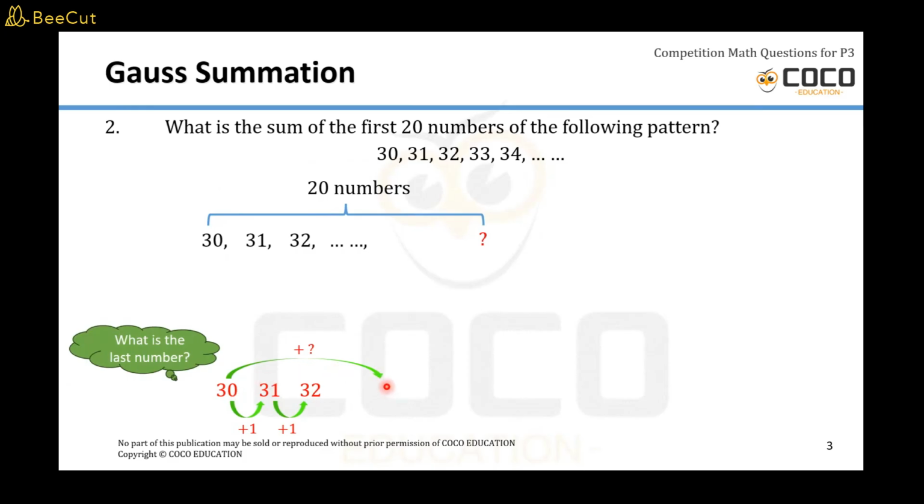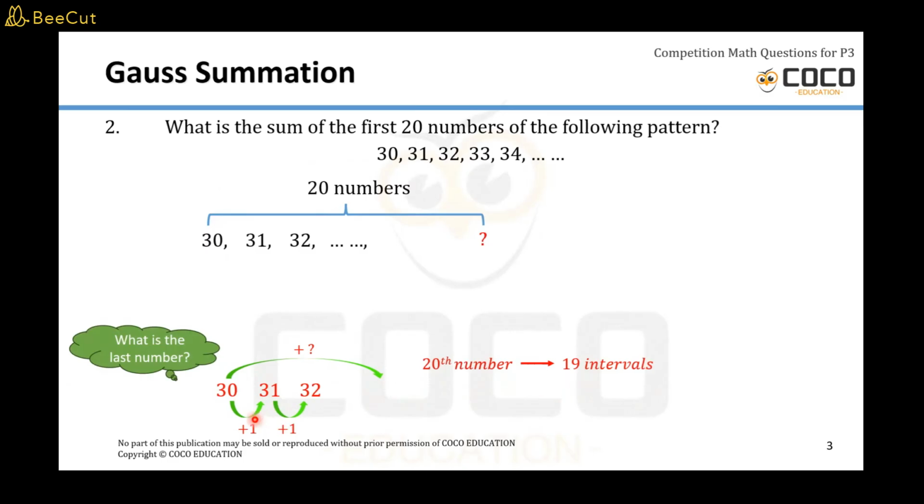So you see, between two numbers we have one interval, which is plus 1. If I have three numbers, I have two intervals of plus 1. So how about the 20th number? You notice that the number of intervals is 1 less than the number of numbers.